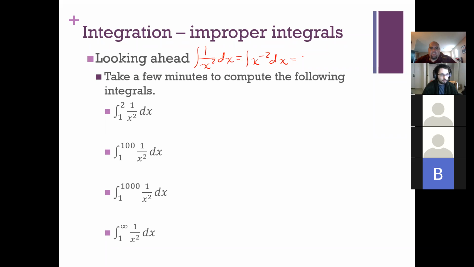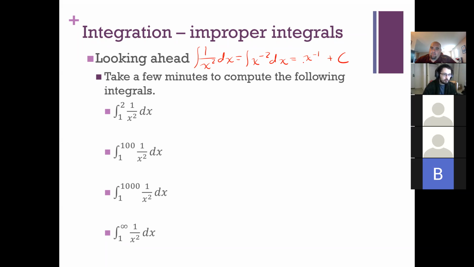And what does that yield? X to the negative 1. We agree with that? X to the negative 1? I agree with that.